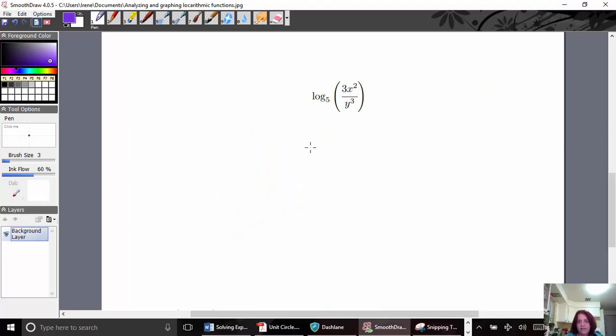Let's assume now that I have a logarithm and I want to expand it. So I will follow exactly the opposite process using again the rules of logarithms. I start with the log base 5 and I pay attention. The first thing that I do is the subtraction. So I have log base 5 of the numerator, minus log with base 5 of the denominator.